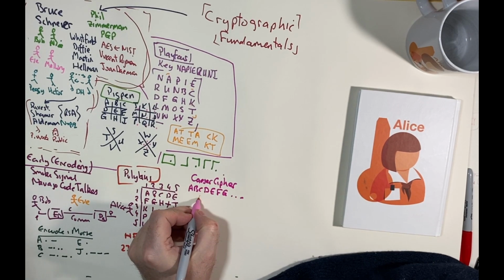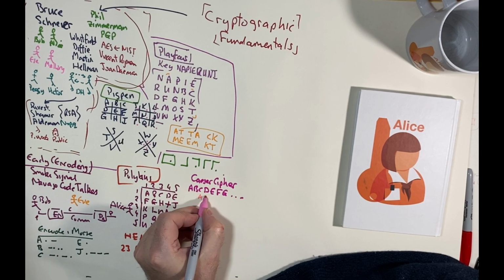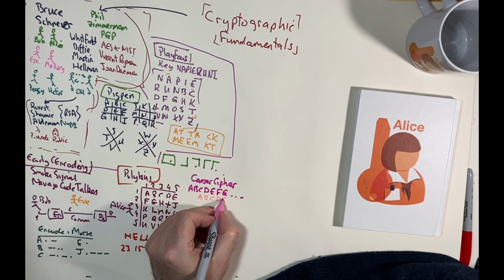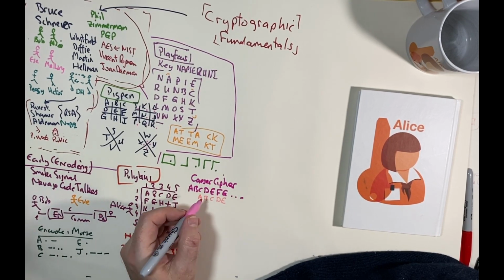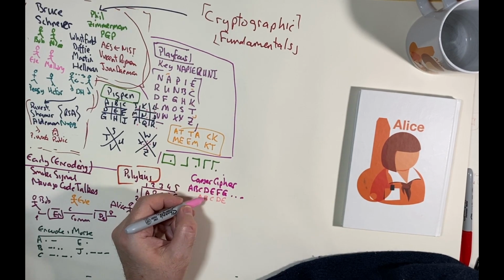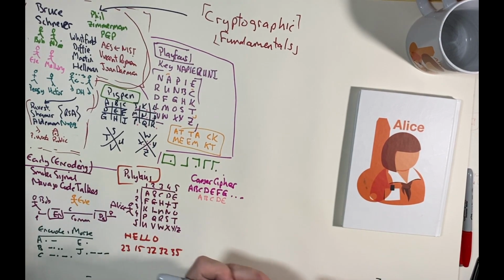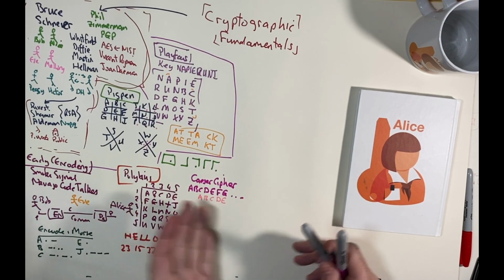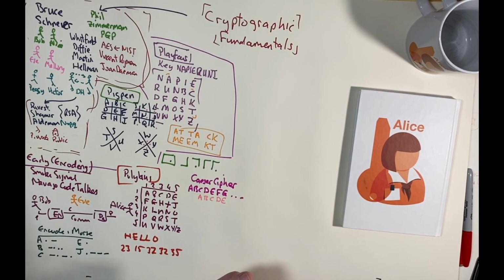So if we moved by 2, we would end up with this. So a C becomes an A, a D becomes a B, and so on. And as long as Bob and Alice know the number of Caesar's shifts, then it's not too difficult to be able to encode and decode.